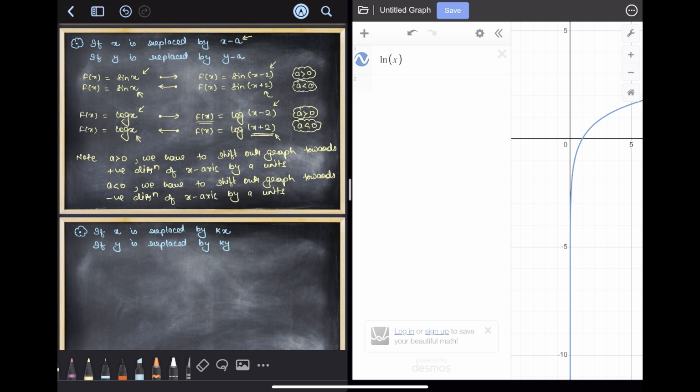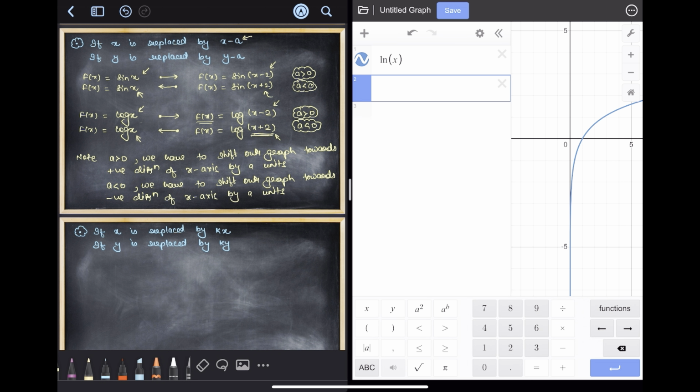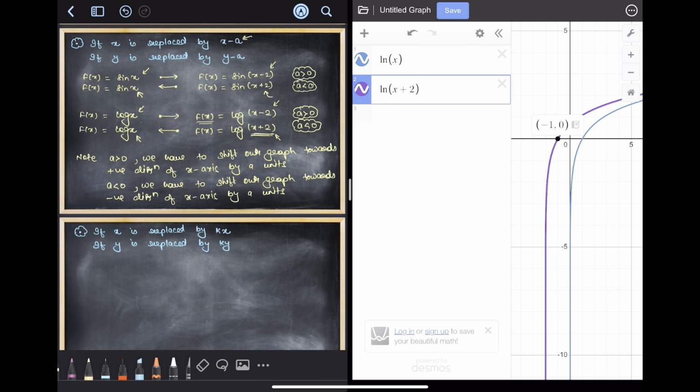So if x is minus 1, you will have output 0, meaning the graph is shifting towards the negative direction of the x-axis by a unit. Look at this, x plus 2. Yes, it reached minus 1. So that observation was correct.